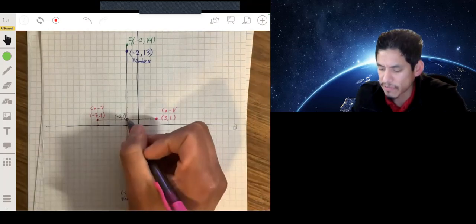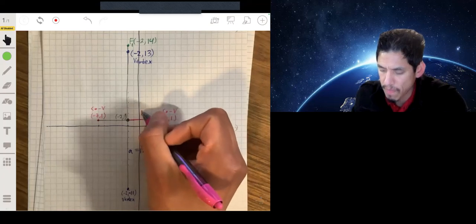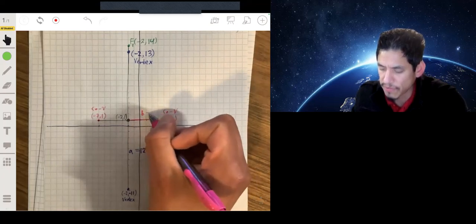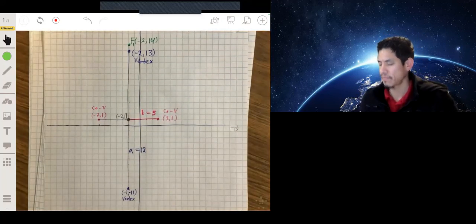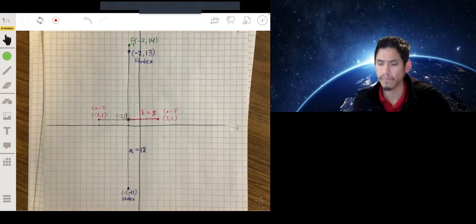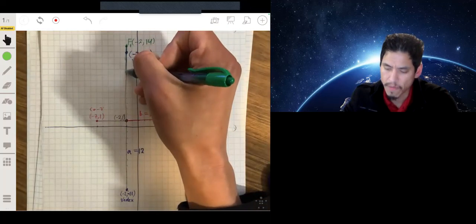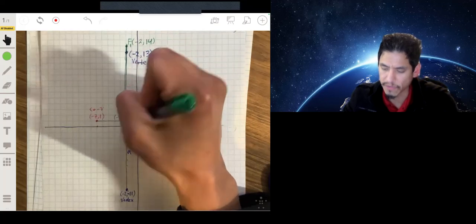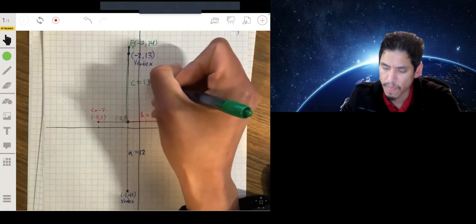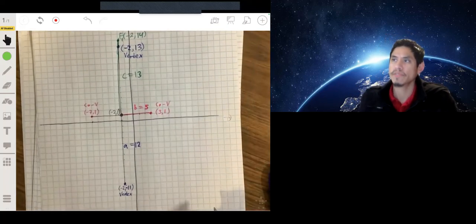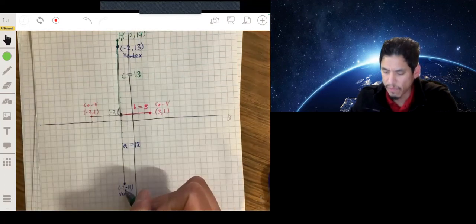And while we're at it, from here to here, this will be our B. So 1, 2, 3, 4, 5, B is 5. And our C is the distance from the foci to the center. So from 1 to 14, C will be 13. So the other focus will be at negative 2, negative 12.